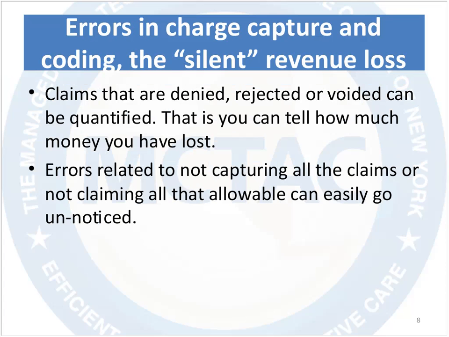But errors related to not capturing all your claims or not billing them at the level that is appropriate and allowable are really dollar values that can go unquantified and unnoticed, which makes it a particularly difficult portion of the process because sometimes you really can't see it.